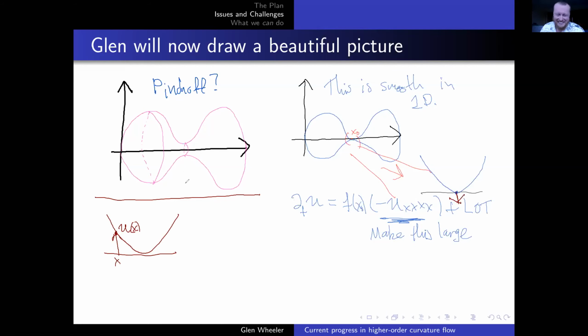But what's the problem with this naive approach to trying to prove that pinch-off occurs in finite time? The problem is that we can't flow the pinched dumbbell.